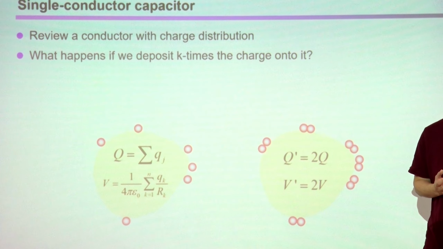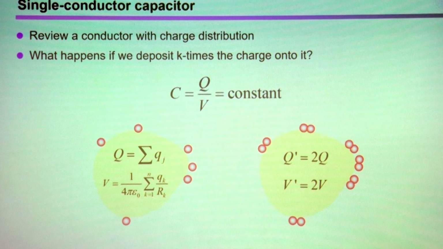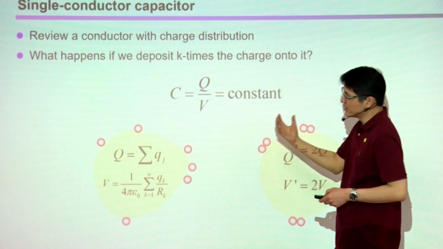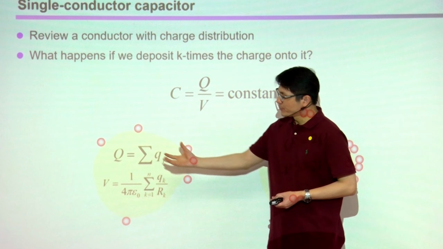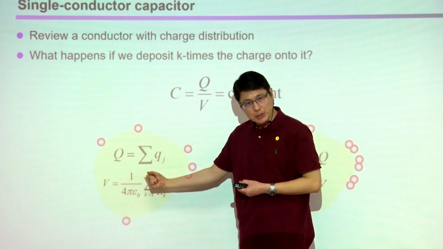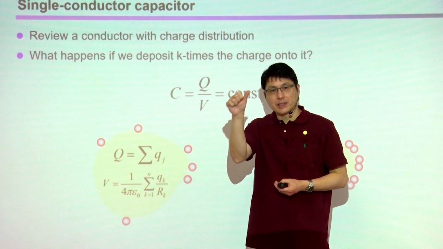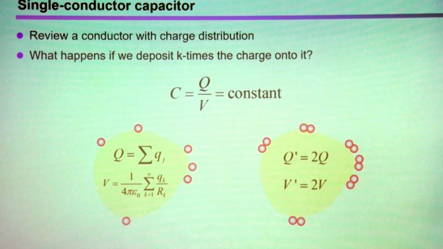Okay? So the physical meaning of capacitance is, thus, for a given material with a given geometry, remember, material and geometry, these are the two keywords.